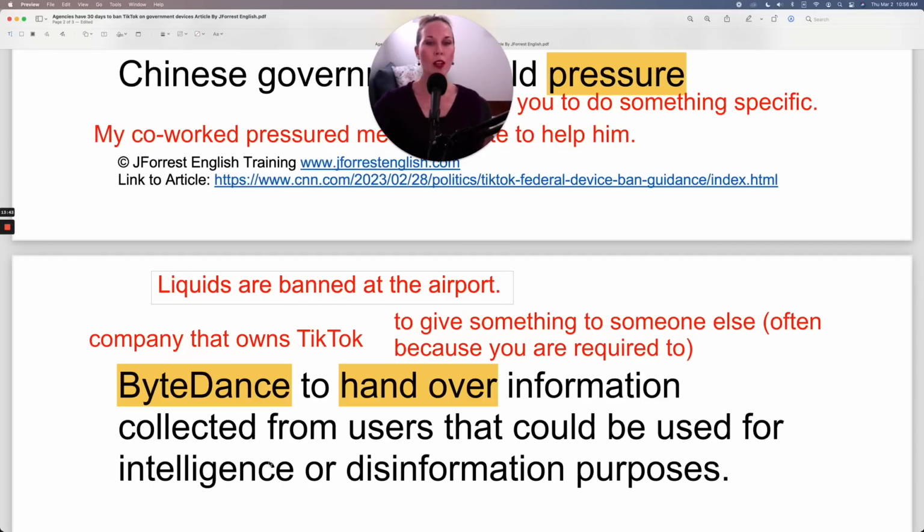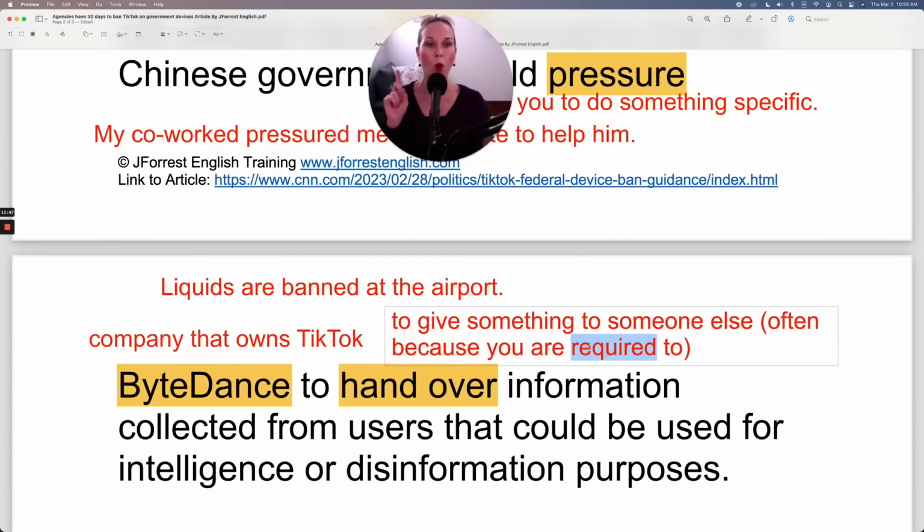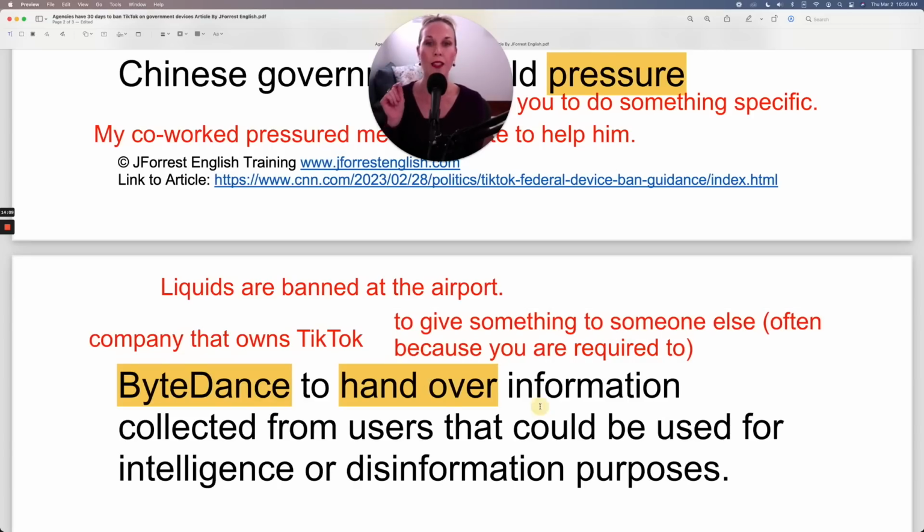So we generally use the phrasal verb to hand something over when there is this element of you're required to. You might be required to hand something over because your boss requires it, your company requires it, the bank requires it. There could be many different times beyond the government. But just keep that in mind when you are using the phrasal verb to hand something over.